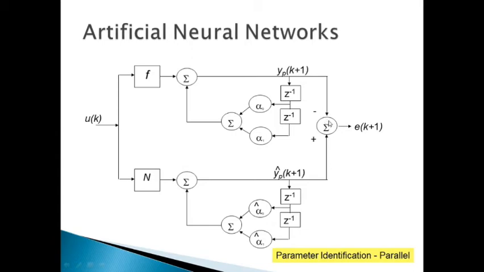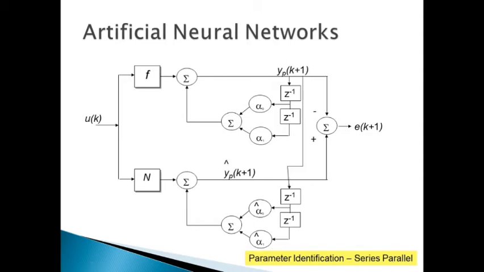Finally you get the expected output. This structure is the artificial neural network parameter identification in a parallel series. Likewise we have a series parallel connection.